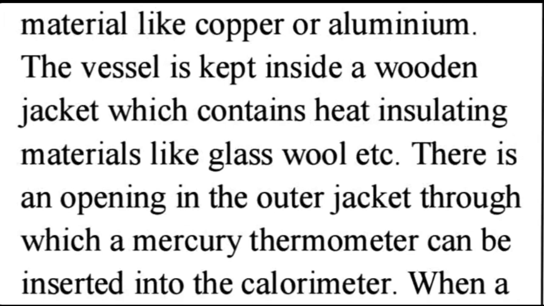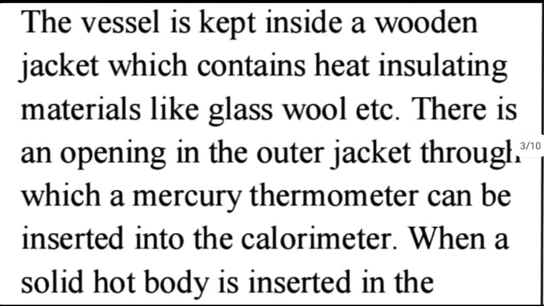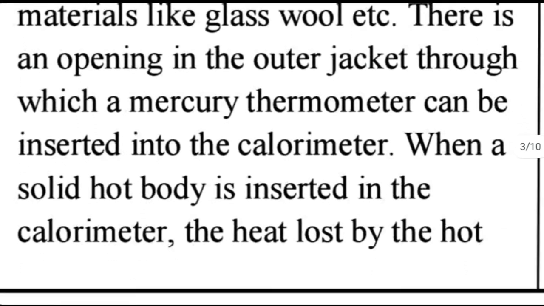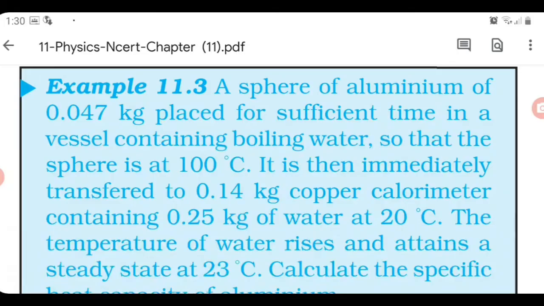And we have an opening in the outer jacket through which a mercury thermometer can be inserted into the calorimeter. And when a solid hot body is inserted in the calorimeter, the heat lost by the hot body will be equal to the heat gained by the water and the calorimeter which we have kept inside the wooden box.